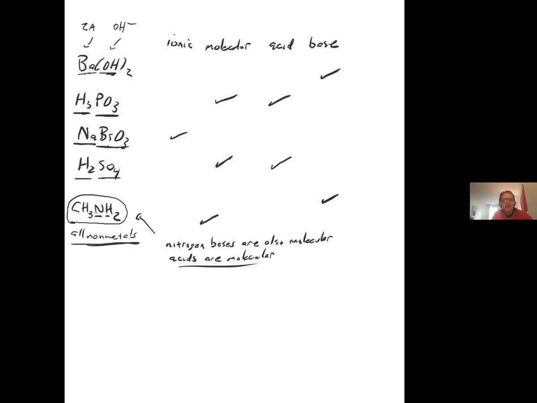Okay, so let's take a look at writing some equations here. So just as we wrote equations for precipitation reactions, we can also write equations for acids and bases here. So this one is called predicting the products of a neutralization reaction.